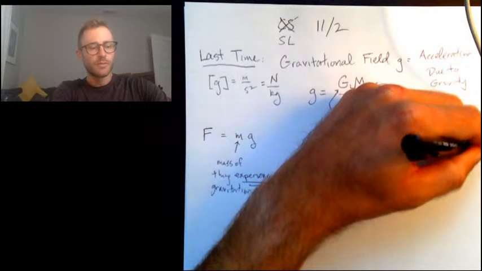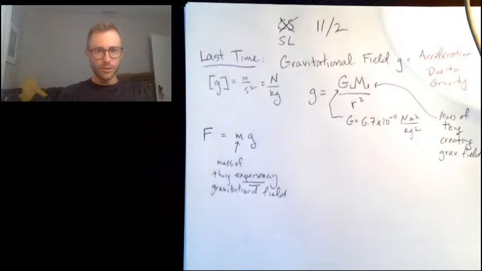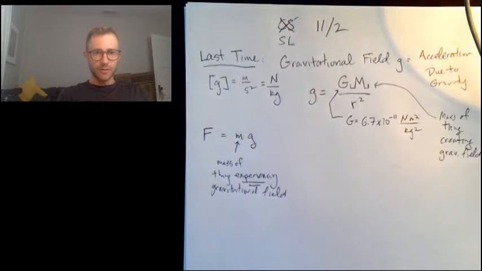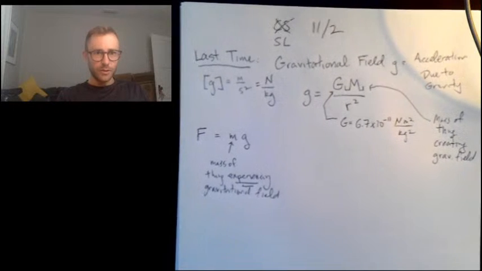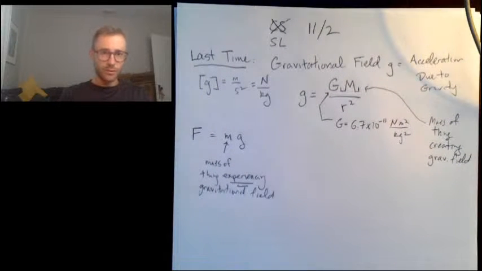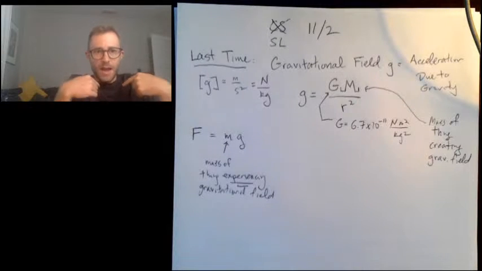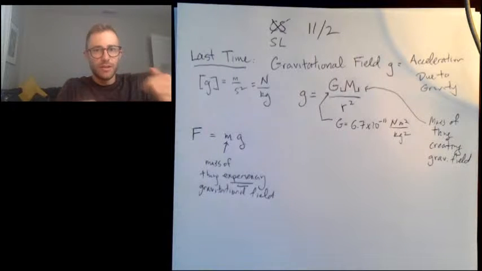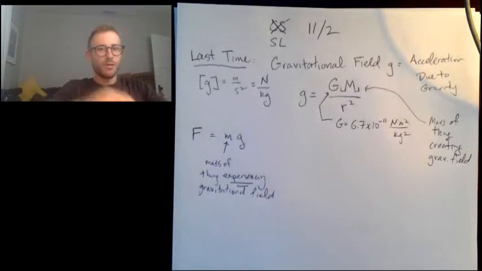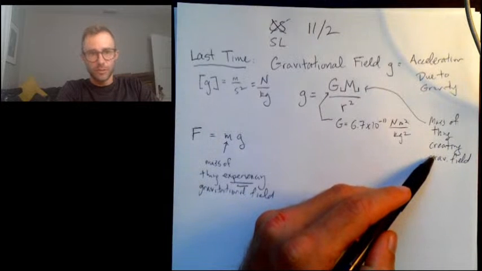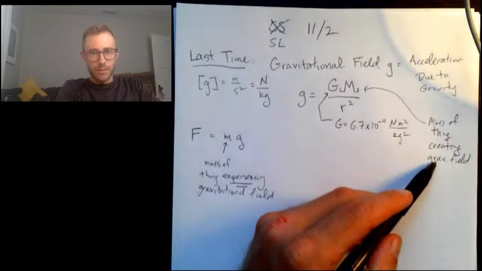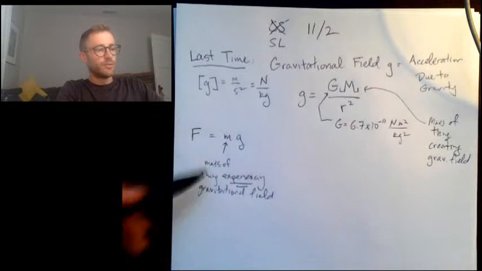Now, of course, everything in the universe that has mass creates its own gravitational field and experiences gravitational fields from everything else. So it's kind of a matter of perspective. If I want to know what I am going to do in a gravitational field, then I would consider everything else to be the thing creating the gravitational field, and this would be my mass.